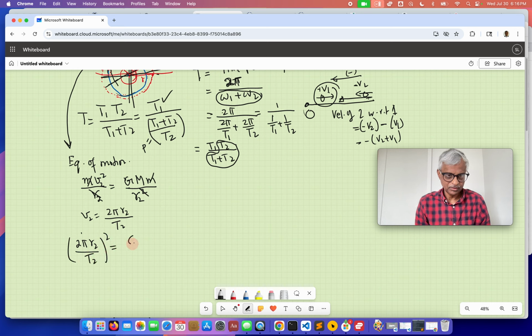Square it, so I get rid of this. You get a square root of this, then invert it.